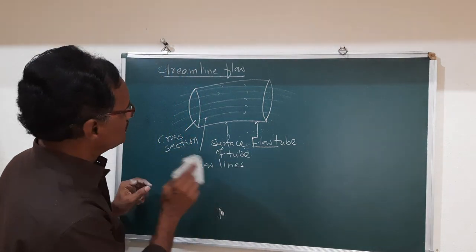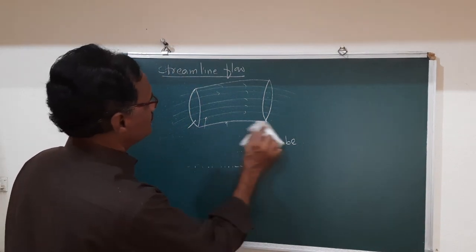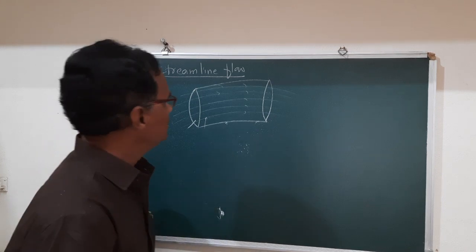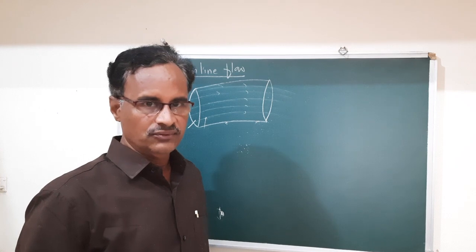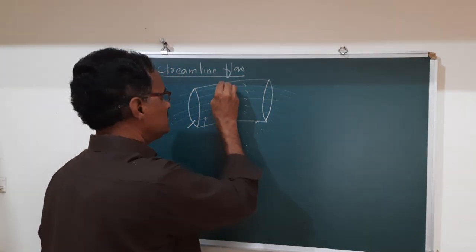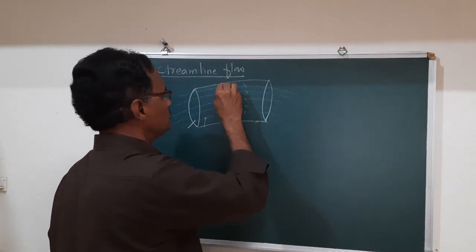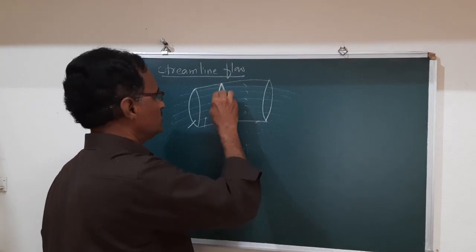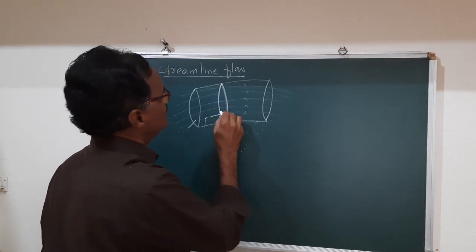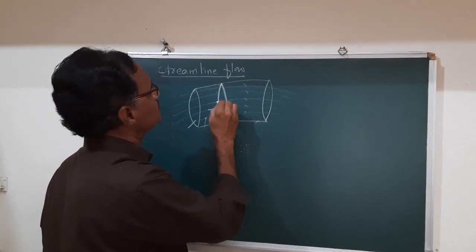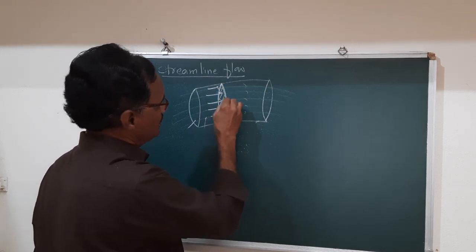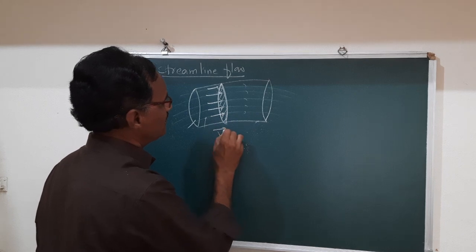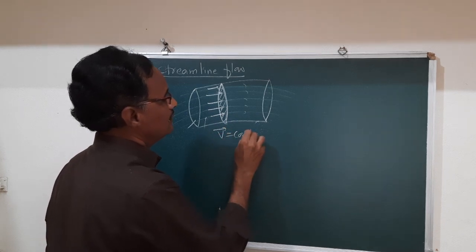Now what is the streamline flow? The streamline flow is nothing but the velocity of these particles of the fluid are constant at a given time. Suppose you consider this cross-sectional area and the fluid particles are passing through this cross-section. Now at this cross-section the velocity of all the particles is constant and it is independent of time.